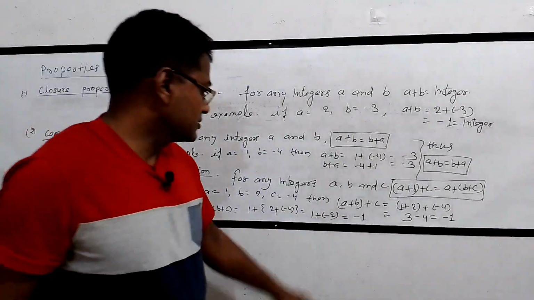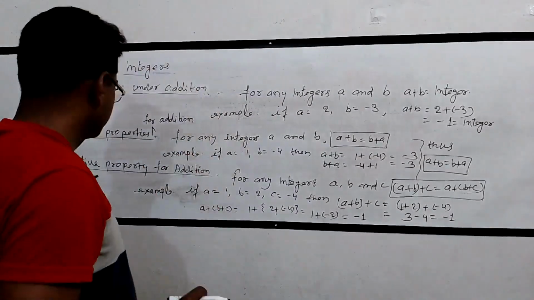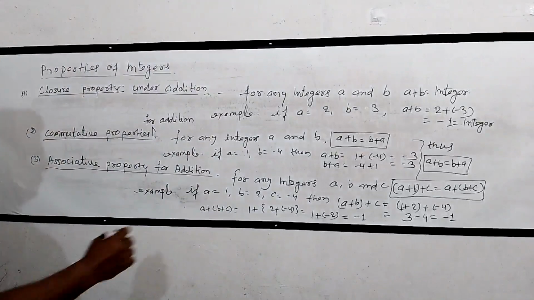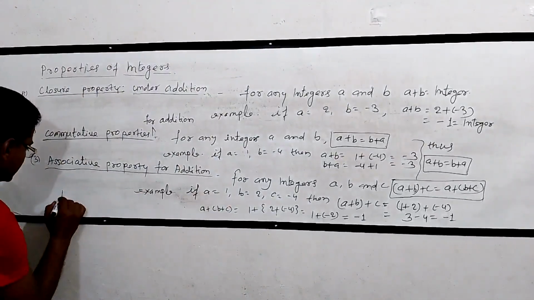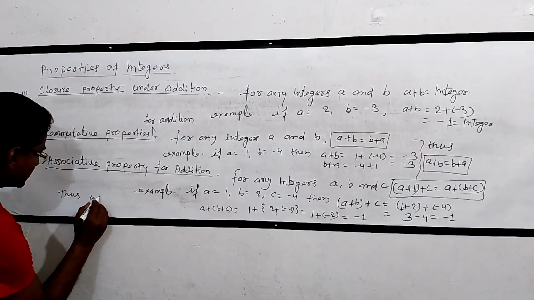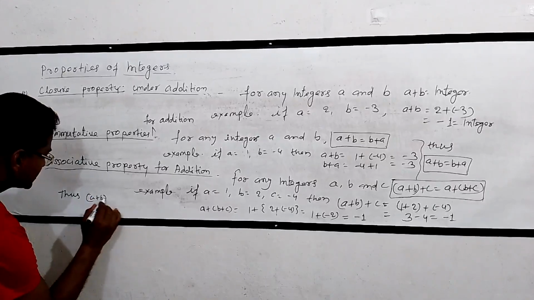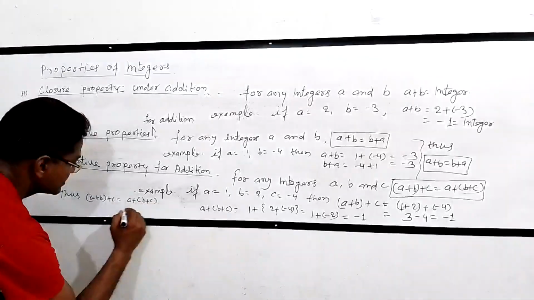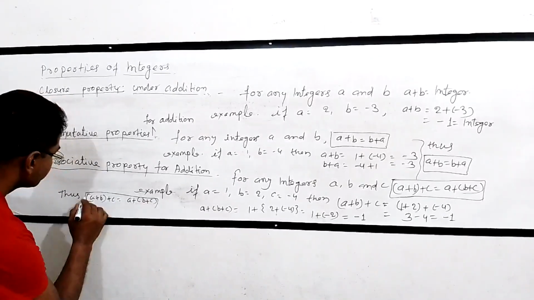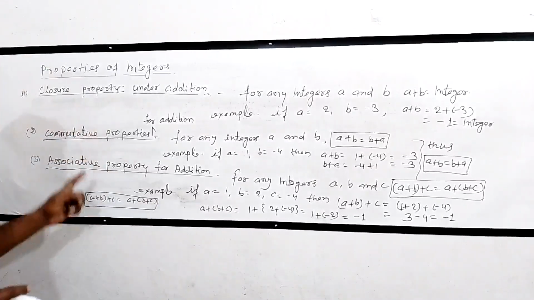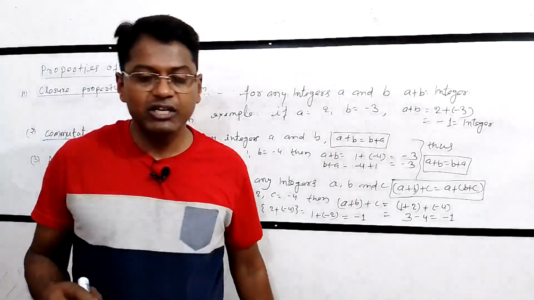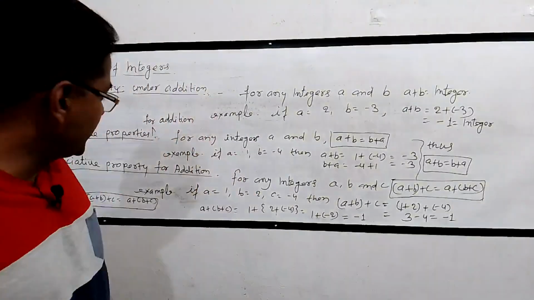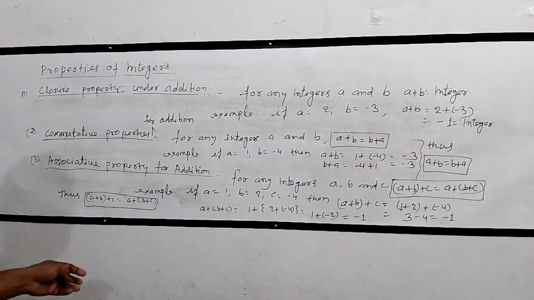Thus both groupings are equal. So we can say that the addition of integers is associative.